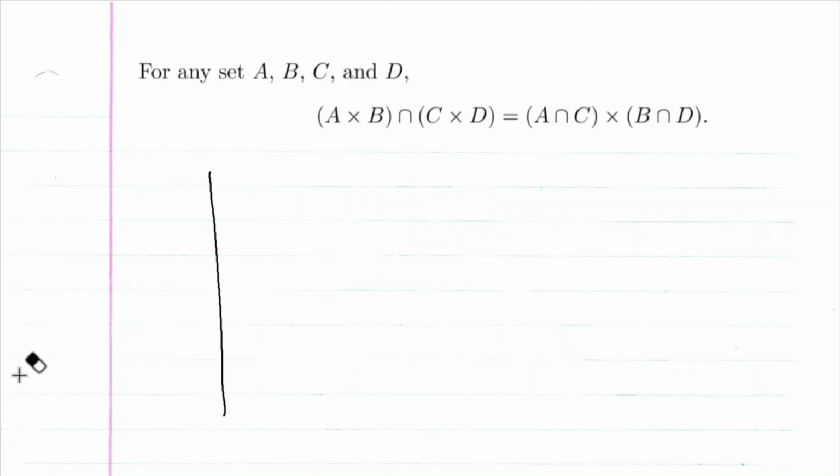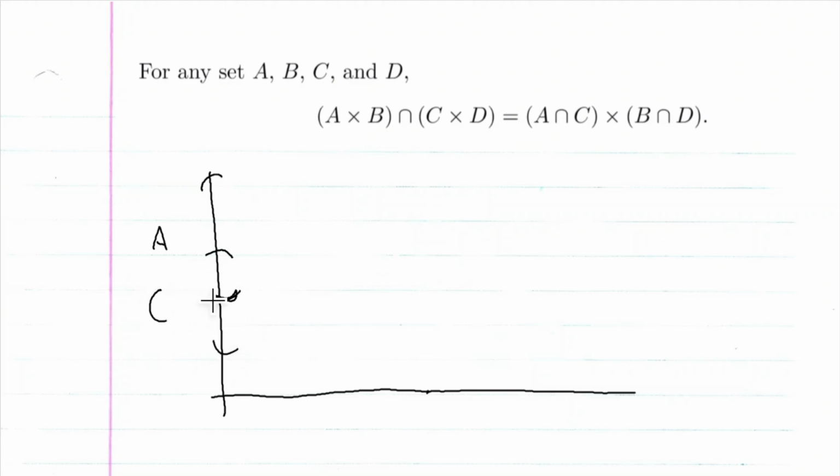Okay, let me do a better job on that axis. Let's have this be A, this whole section be A. And let's have some intersection. This section be C, so A intersection C is that little area here. Then let's look at B intersection D. So here we have B and this B, D, so B intersection D is here.